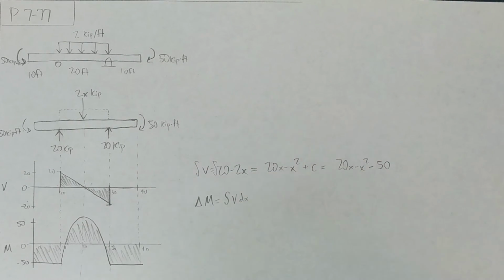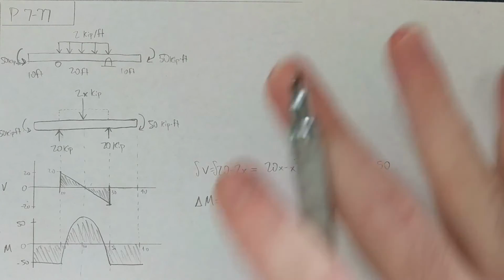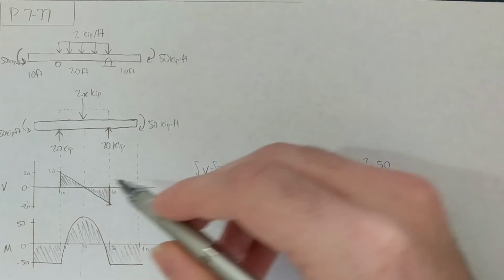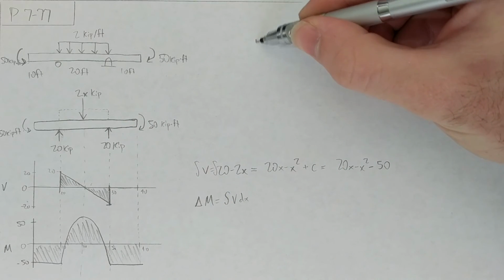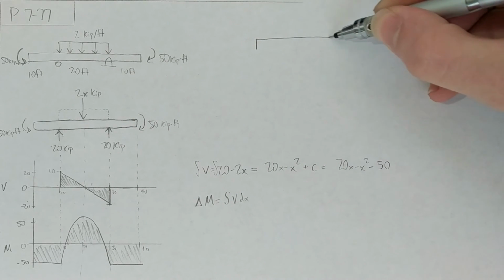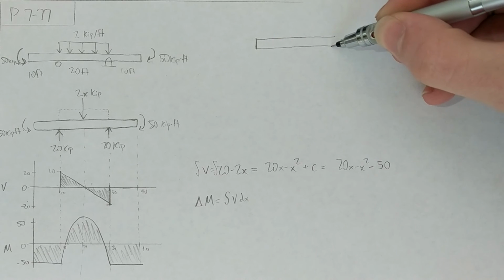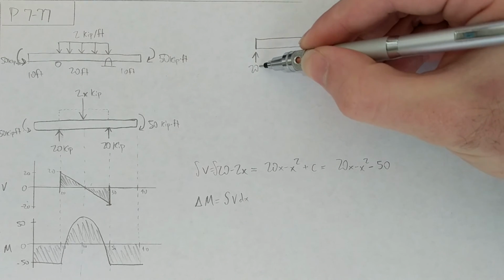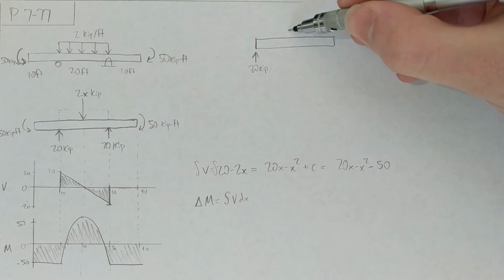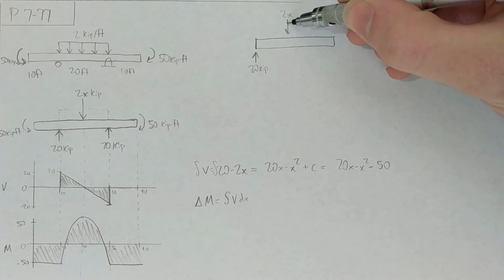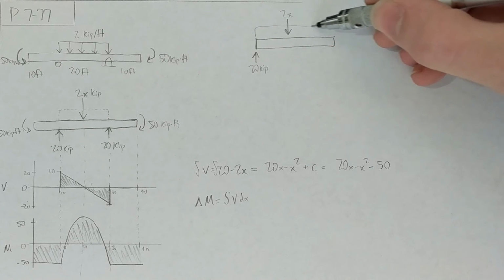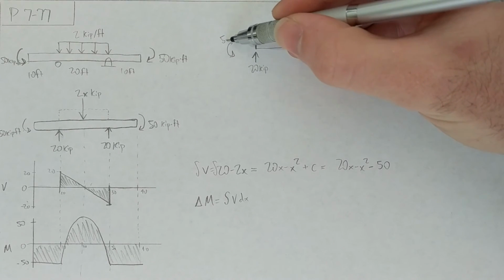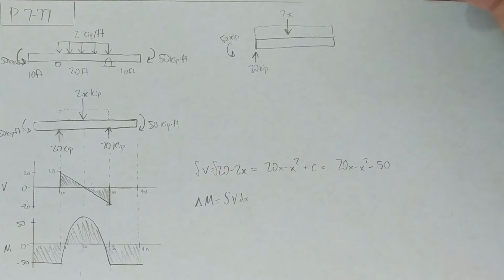Now, I know that seems a little hand wavy, probably because of the waving of the hands that I did. But if you did want to look at this middle section, where we've got our 20 kip, and then we've got our 2x distributed load here, and then there was this 50 kip, right?